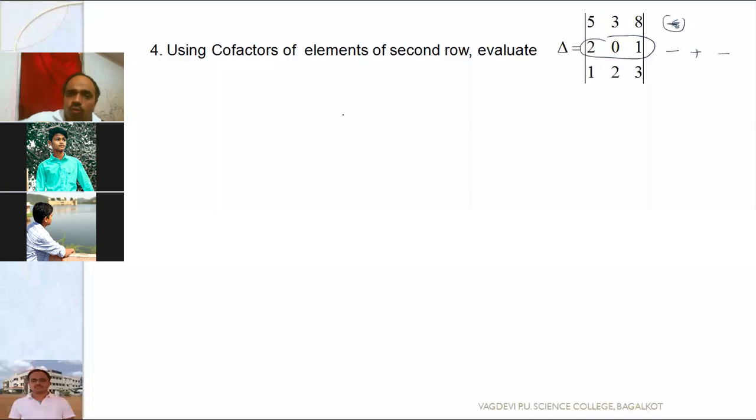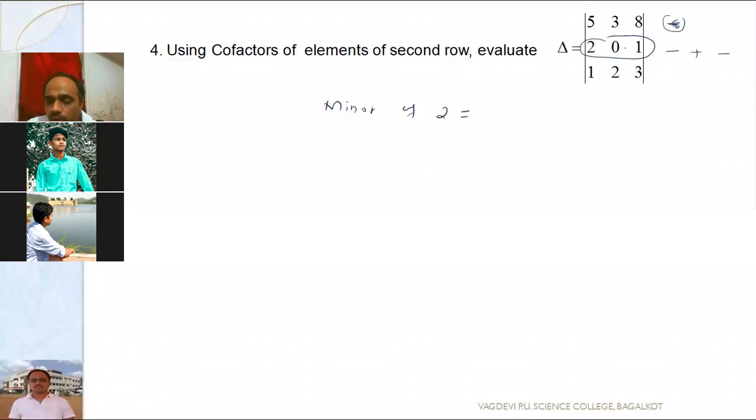So what is the minor of 2? I'll calculate it here. You can also directly find the cofactor. To find the cofactor directly, I will tell you, but it is better you find the minor first. So what is the minor of 2?